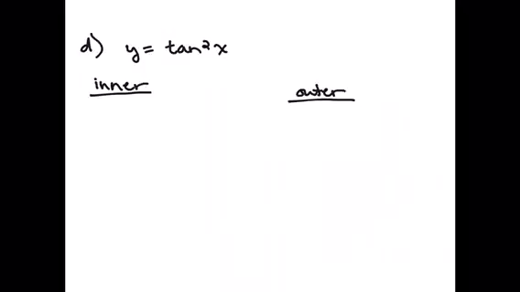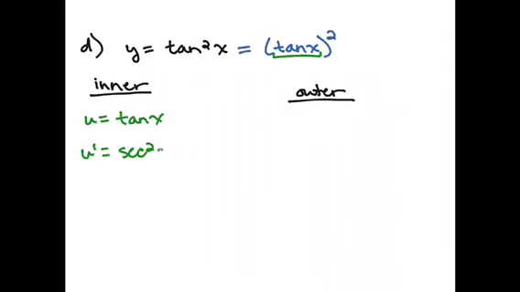Okay, y equals tangent squared x. I'm going to rewrite this so that I can see the inner function and the outer function. Tangent squared x is just the notation for tangent x all squared. So my inner function then is tangent x, and the derivative of tangent x is secant squared x. My outer function then is something squared.